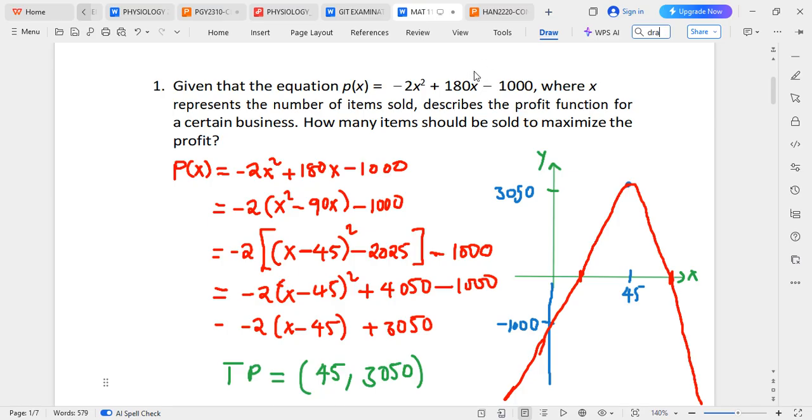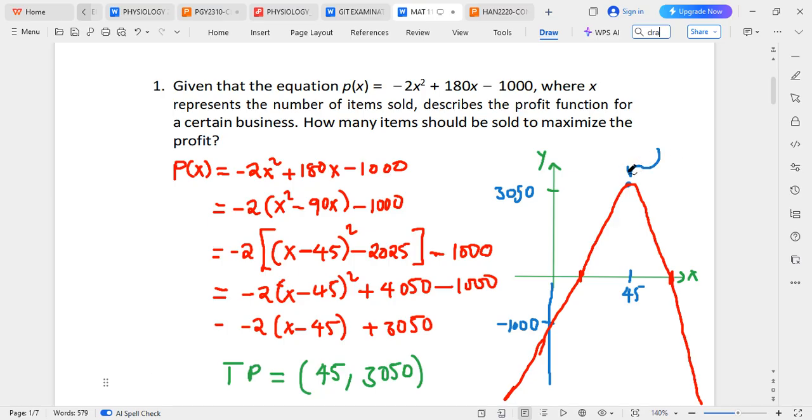Okay, so we've been told that x represents the number of items sold, and P(x), that's the profit, or y is the profit. How many items would be sold to maximize the profit?